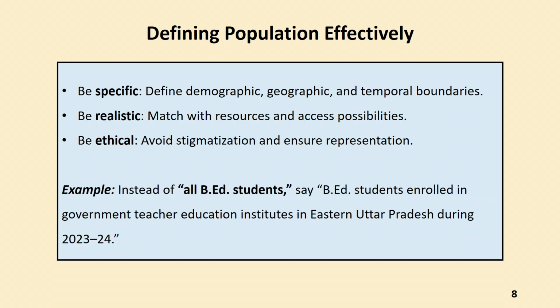It does not mean that you are going to curtail your research, but as a researcher you have to understand that there are certain delimitations and limitations that you have to face, and you have to define them properly so that you can do justice to your research. Whatever research topic you are taking, you have to do justice to it. So be specific in terms of demography, geography and temporal boundaries that you feel may appear in front of you when you go to collect the data.